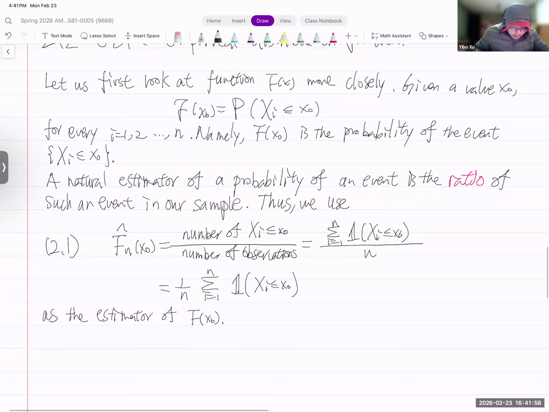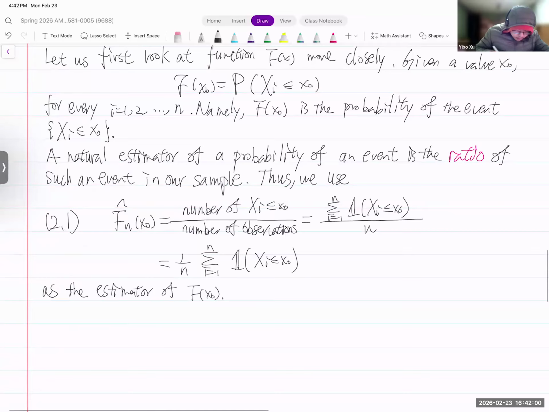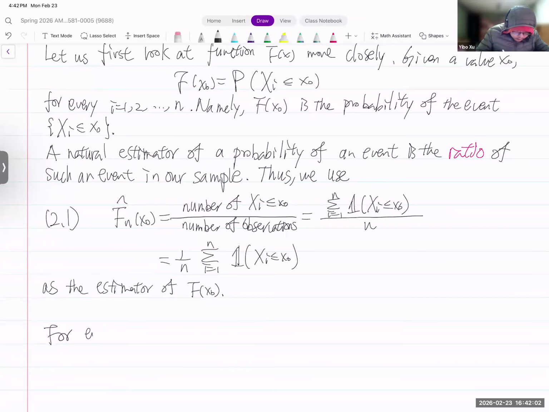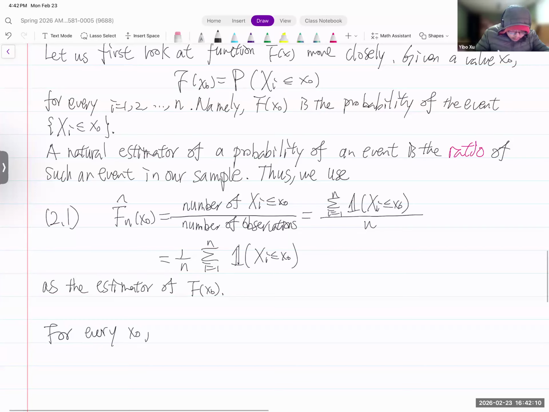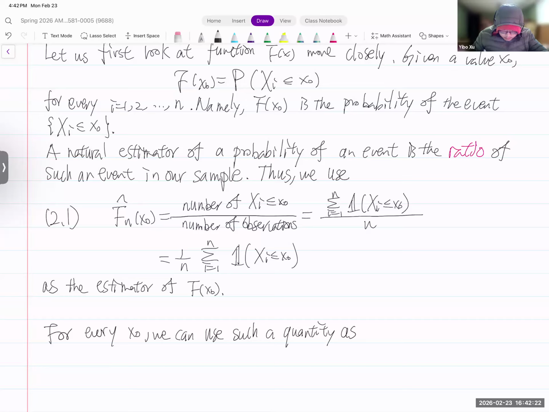For every x0, we are able to find a ratio, and we can use such a quantity as an estimator.